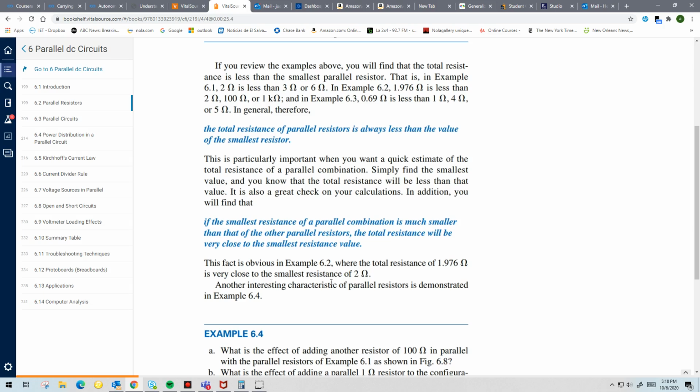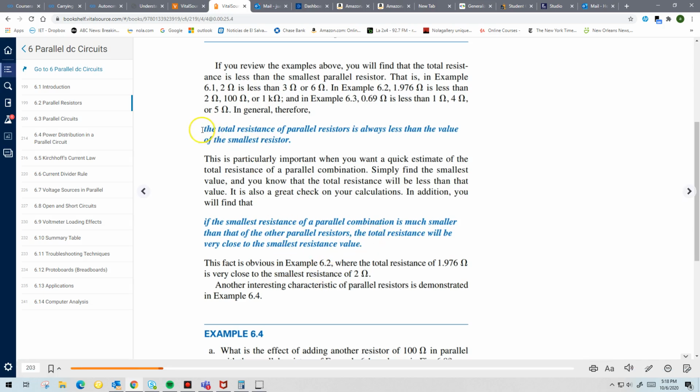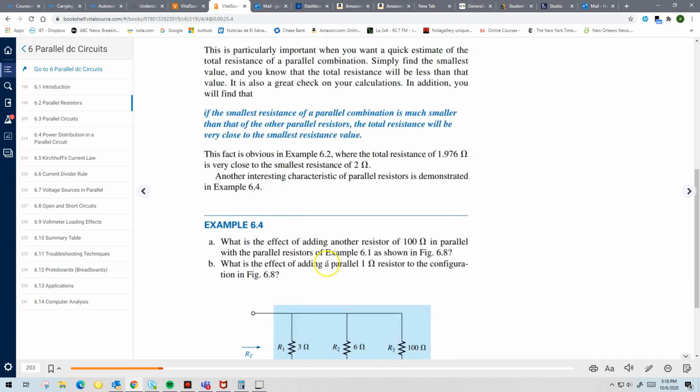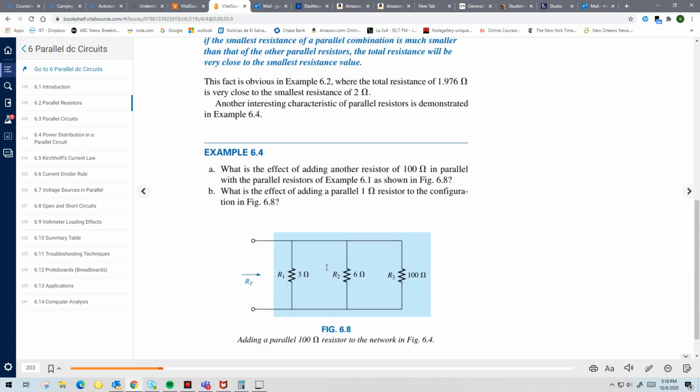And that gives you a clue, because if you check that rule and it's not being satisfied, then you can tell that maybe you did something wrong with the math, or maybe you assumed something that may not be in parallel. So make sure you remember these two rules here in blue, and we'll see how we can use them here.